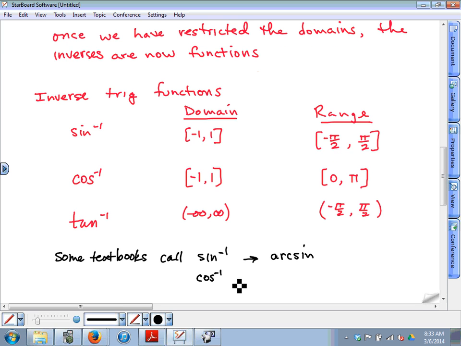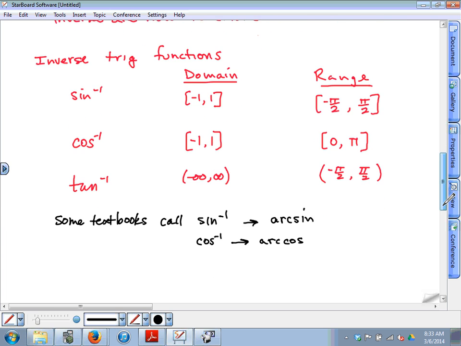And the inverse cosine would be called arc cosine, and arctangent, and so on. Our textbook uses this notation: sine to the -1, cosine to the -1. I mean the exact same thing. But just so you know.